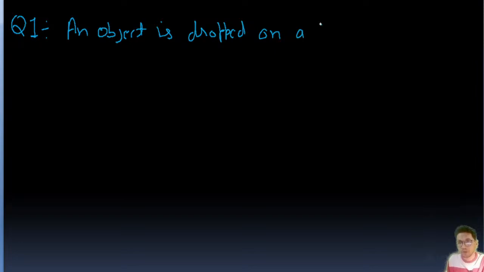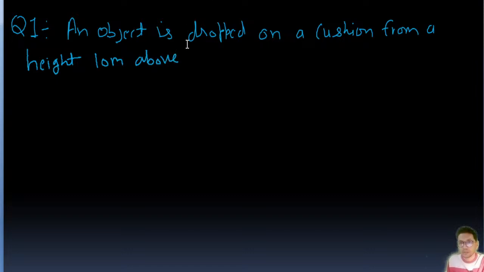The question is: an object is dropped on a cushion from a height 10 meter above it.